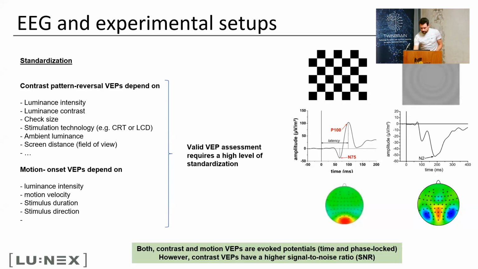Is there another question in the chat? There was another question in the chat. I just didn't get if you managed to answer it. I do not have the chat open here, so I cannot see that. So it's the difference between VRP and VEP in terms of components. Well, that's a mean question to ask. We have not investigated the blink VEPs, so I would have to check what the components there are.